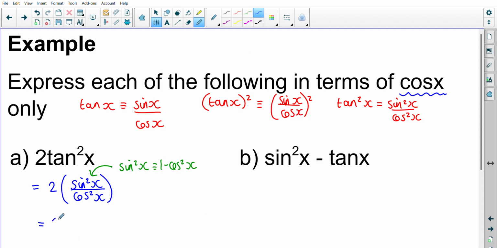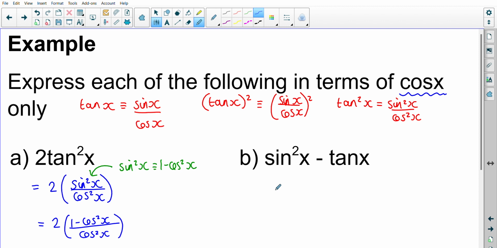So that's 2 lots of 1 minus cos squared x over cos squared x. Now I'm going to leave it like that. You can multiply by the 2, so it'll be 2 minus 2 cos squared x on the top over cos squared x if you want.